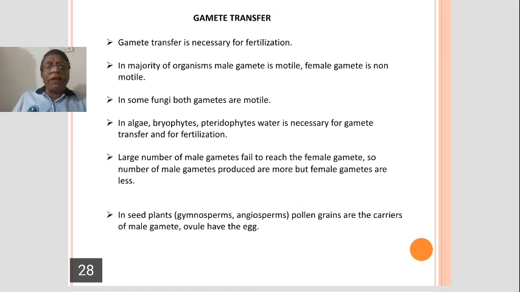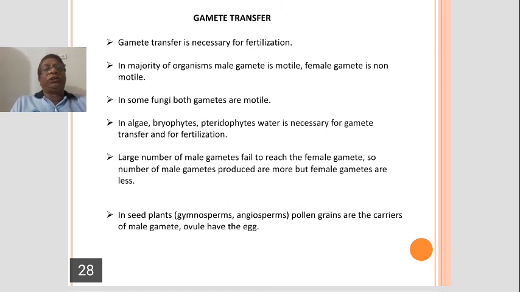In pteridophytes also, male sex organ called antheridia, the female called archegonia. Both in bryophytes and pteridophytes, the male sex organ we call antheridia and the female sex organ called archegonia.